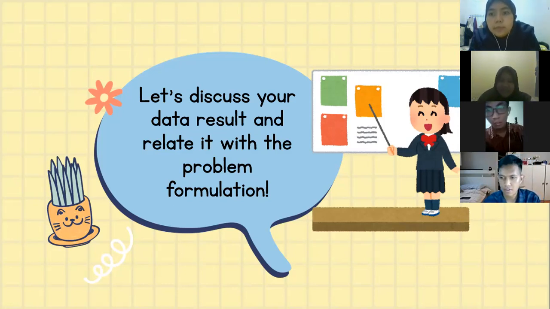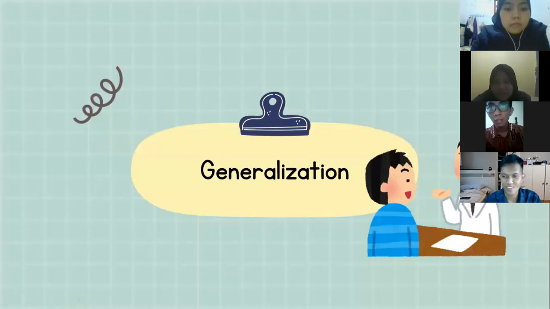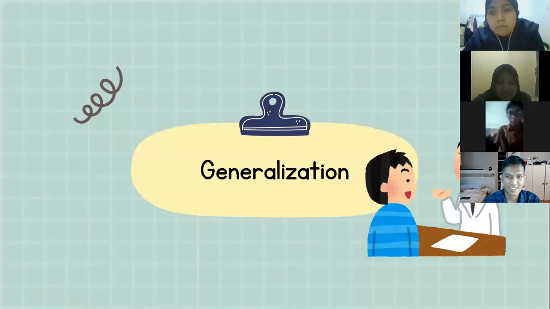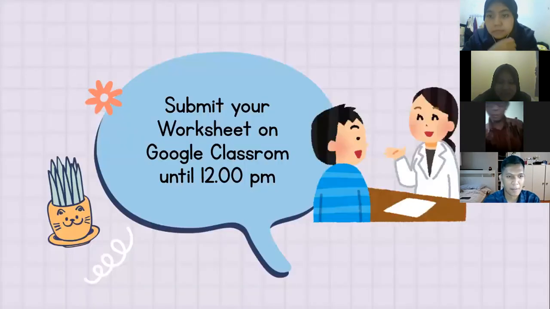Thank you. And now we are going to the next step. After we learn about the topic today, we're going to the generalization step. Zulfa, can you generalize what a physical and chemical change is based on the discussion and demonstration that we've discussed today?